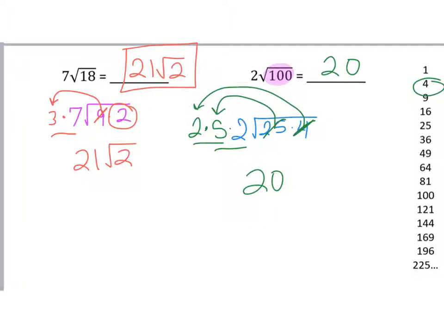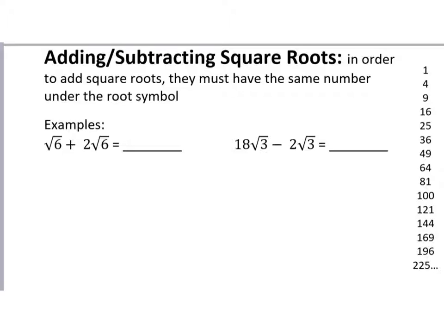All right, adding and subtracting square roots. In order to add square roots, they have to have the same number under the root symbol. So just like when you're doing variables, don't write this down, but if I was doing 2x plus 3x, that would be what? 5x, right?